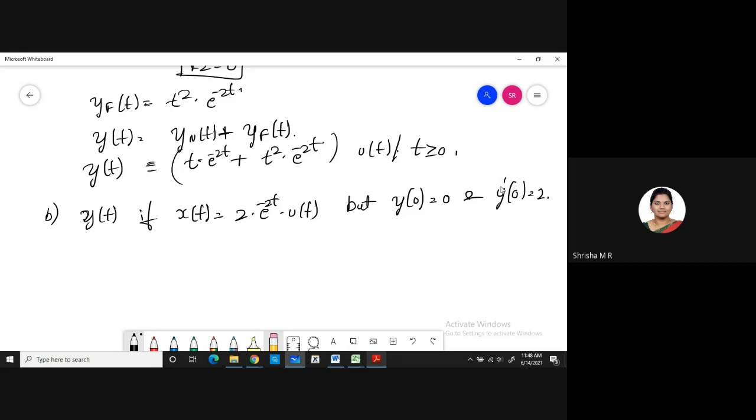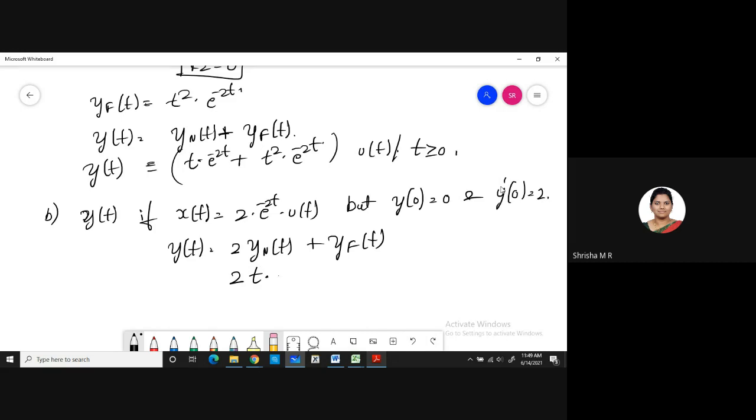So you get y of t is equal to 2 times yn of t plus yf of t. That would be 2t square into... the natural response is 2t, right? So 2t.